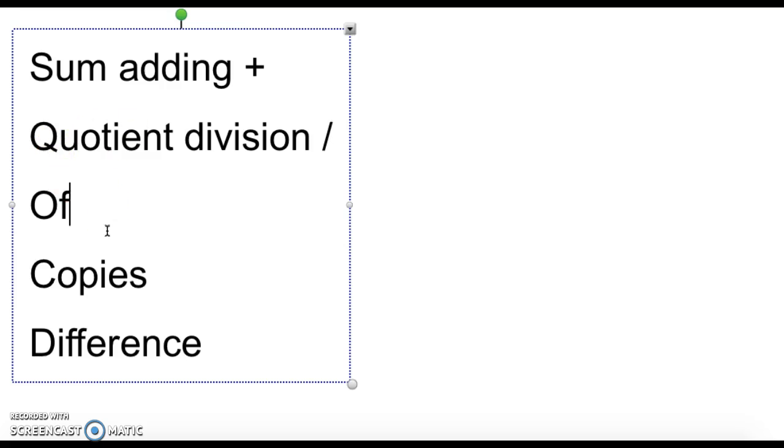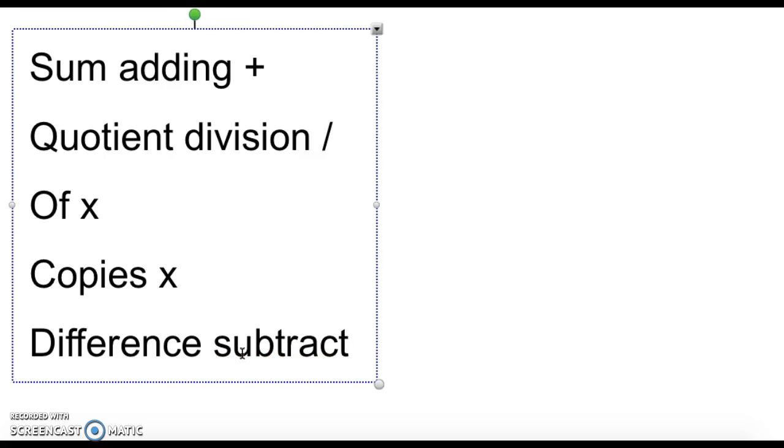When we say 1/3 of a number or 1/4 of a number, especially if you've watched the other videos we've already done for questions 1, 2, and 3, you'll know that means we are multiplying. Same thing for copies. If you're making copies of something, that means you are multiplying. Difference is the answer we get when we subtract. The difference is the answer to a subtraction problem.